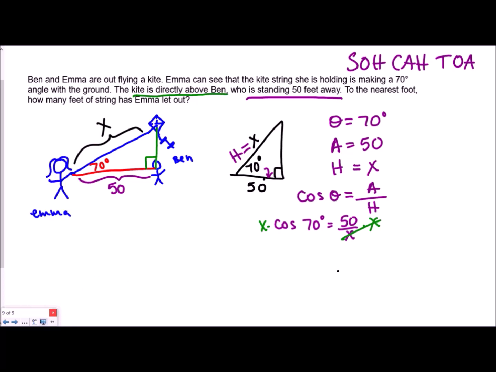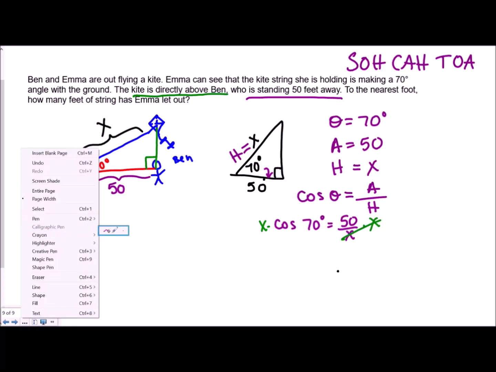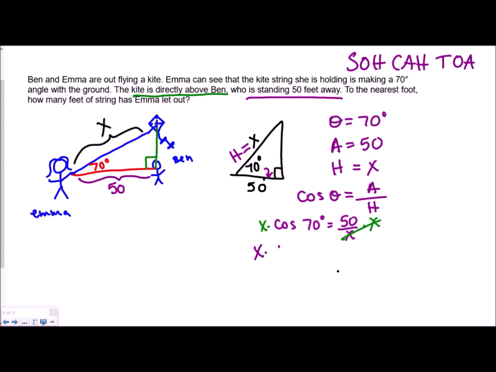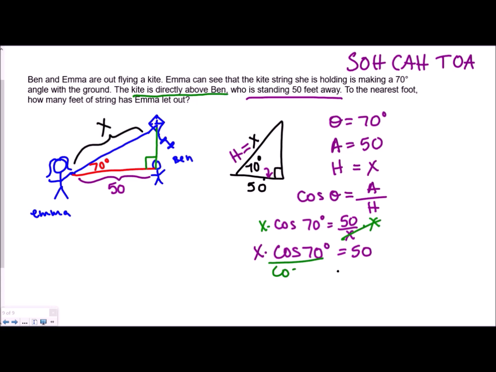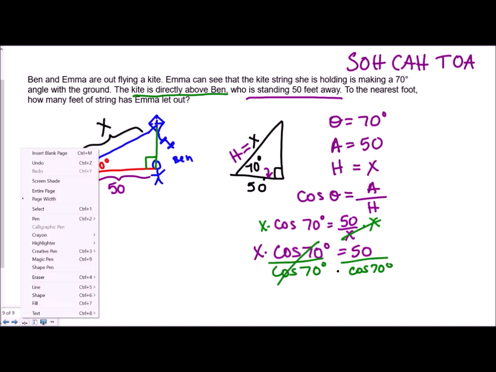So now it looks like this. x times the cosine of 70 degrees equals 50. Feels weird, but our next step is to divide by that trig function. Whatever you do to one side, you have to do to the other, because it cancels it on the left side.